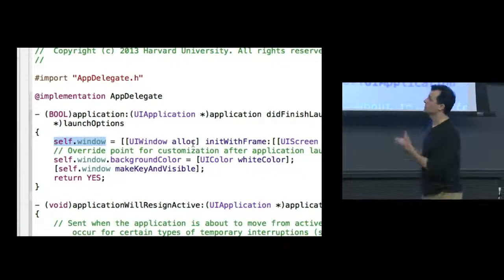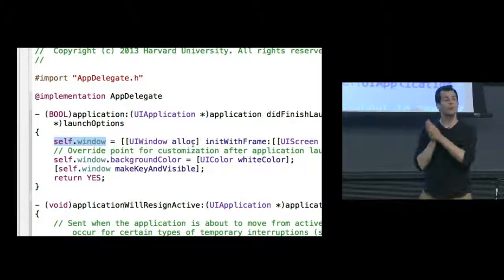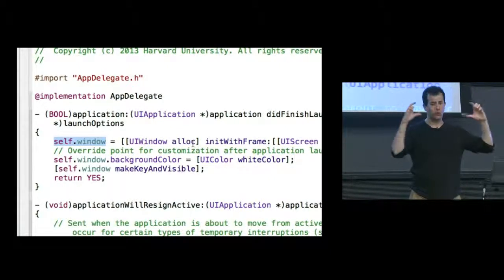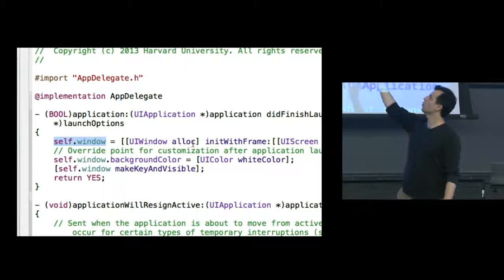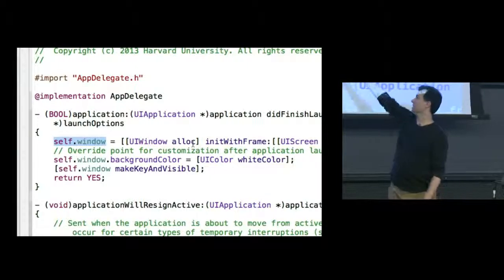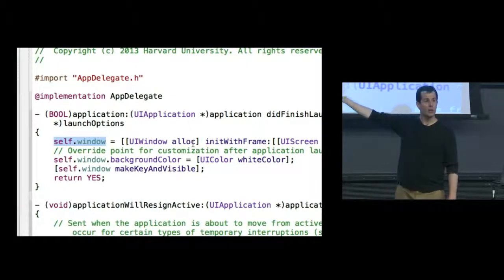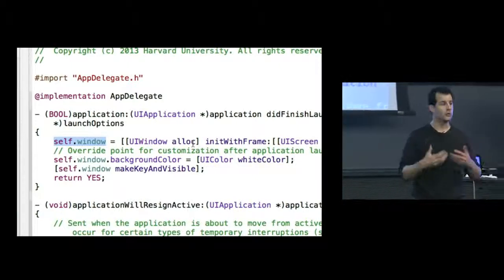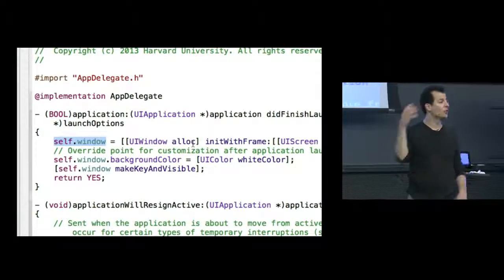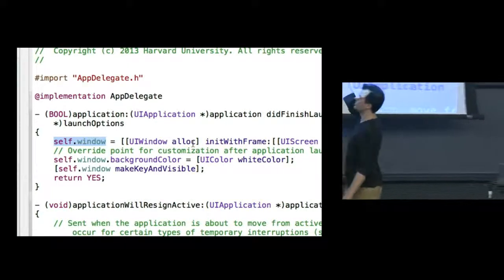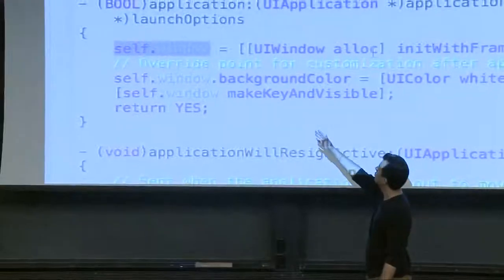But one of the purposes of properties in Objective-C is just to simplify our code so that we don't have these damn square brackets all over the place and very traditional method calls. It's just so much more readable, just like in JavaScript, to have this dot notation and then an assignment operator, the equal sign, right next to it, which effectively invokes that setter. But it's syntactic sugar in that underneath the hood, this is just a message being passed to an object to set some value. But it reads much more clearly this way. Self.window is going to be assigned what value?